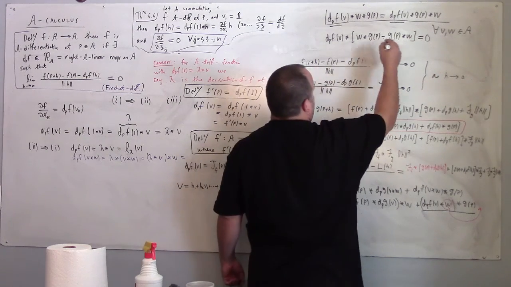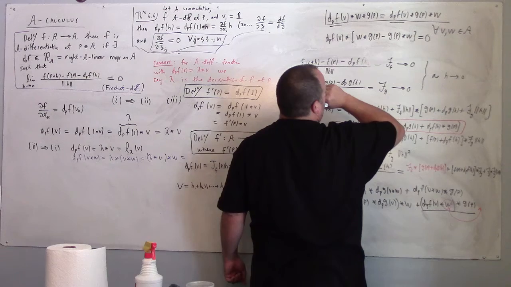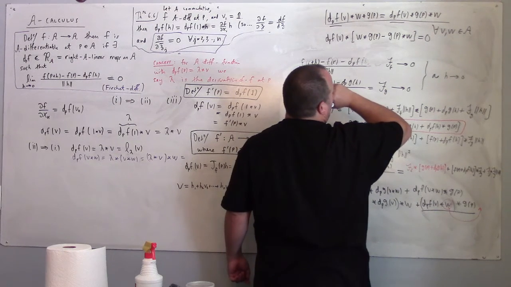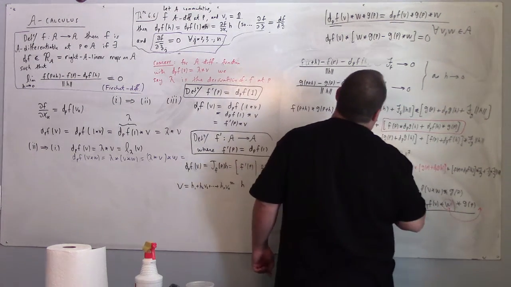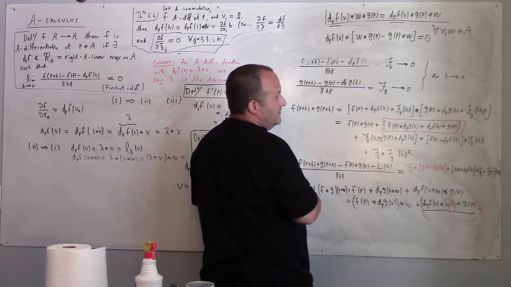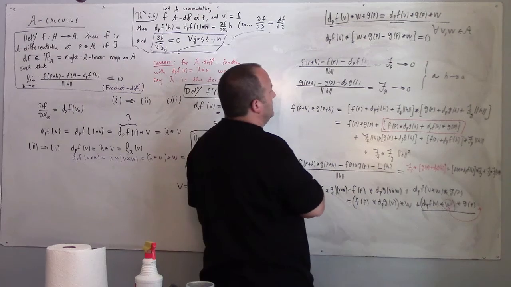So this means that it can mean different things, but that equation we have to somehow satisfy for all w.